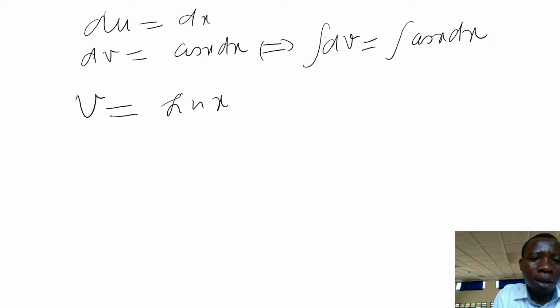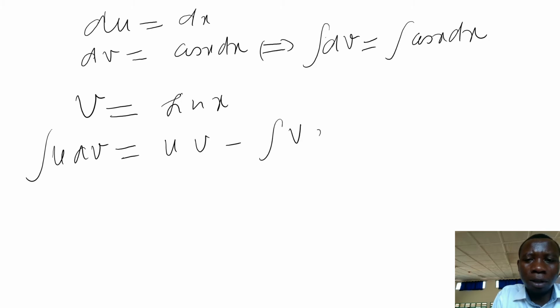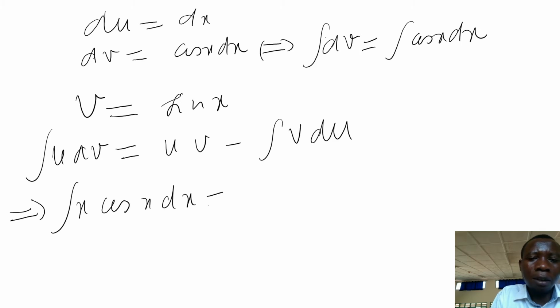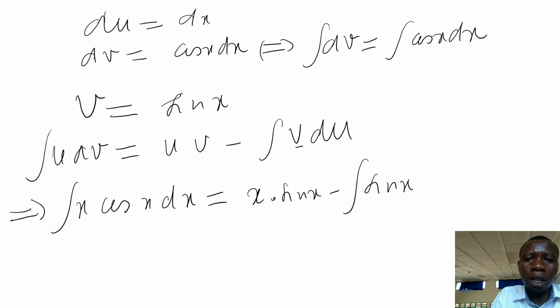In the formula, the integral of u dv is equal to uv minus the integral of v du. So I have x cos x dx, with u equal to x. Using this formula, v is sin x, minus the integral of v, which is sin x, then du is dx.